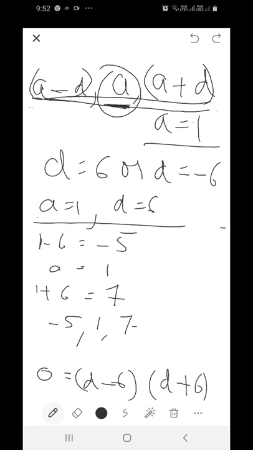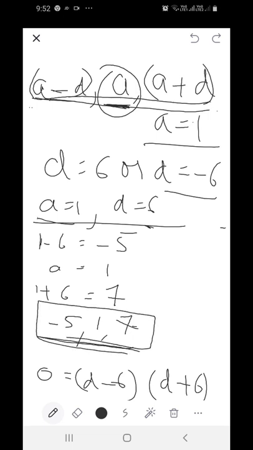If I take D as minus 6, you will see that the numbers come out the same. Put A as 1 and D as minus 6. You get first 7, then 1, then minus 5, but it means the same. Minus 5, 1 and 7. So these are the three numbers.